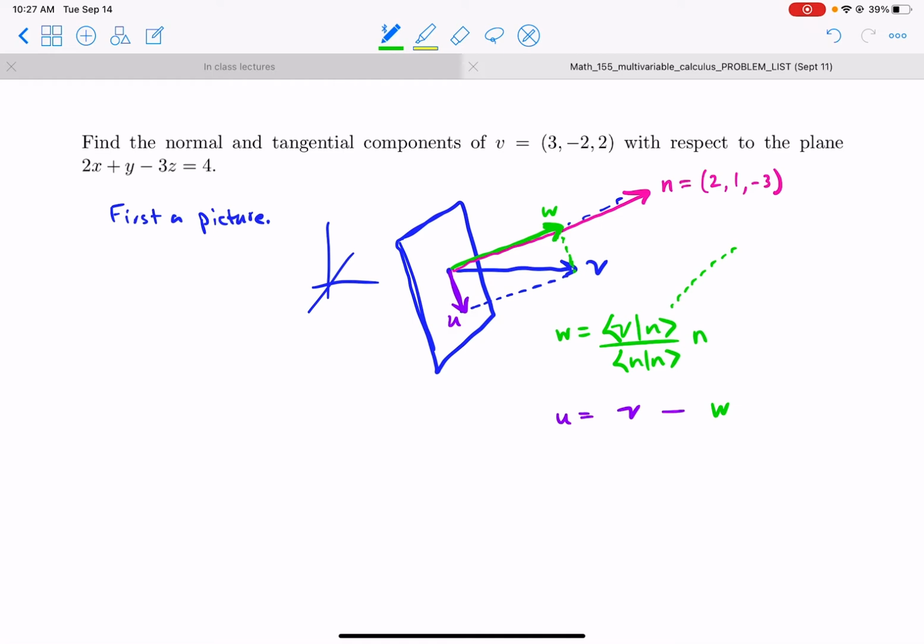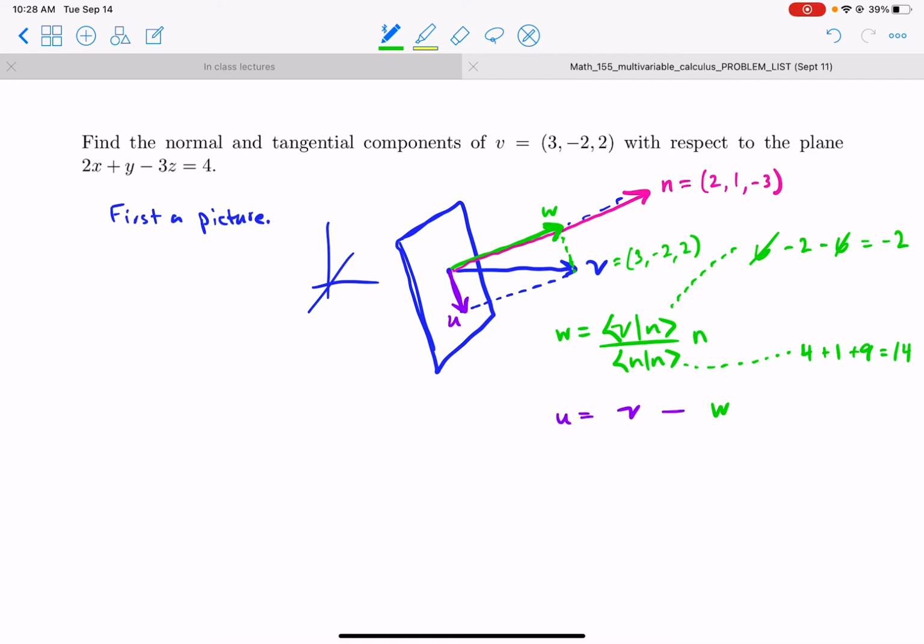v dot n is going to be, okay, well, what's v? v is (3, -2, 2). So v dot n is 6 - 2 - 6. 6 and -6, this gives -2. What's n dot n? n dot n is 4 + 1 + 9, which is 14.